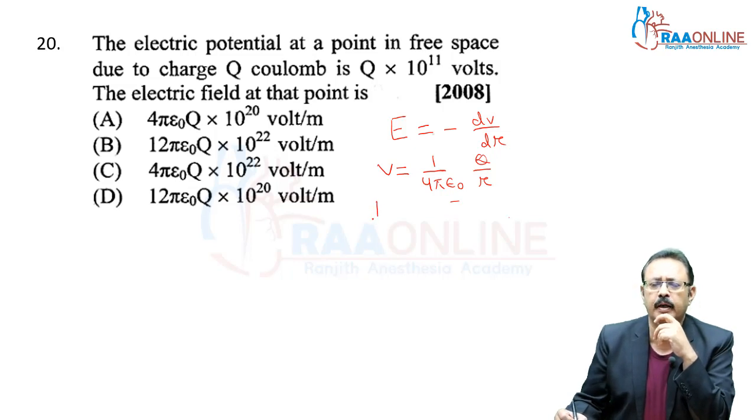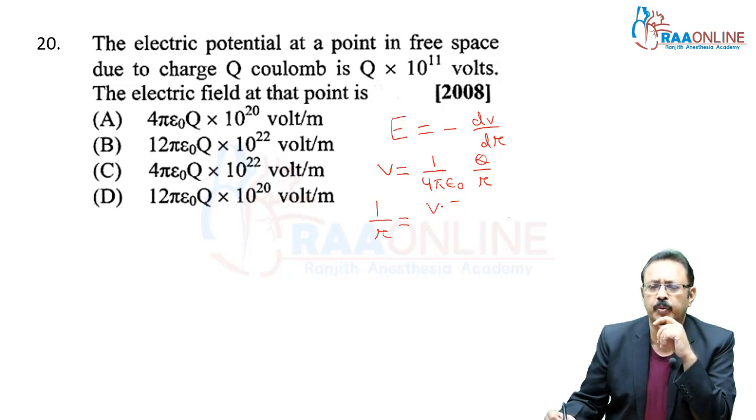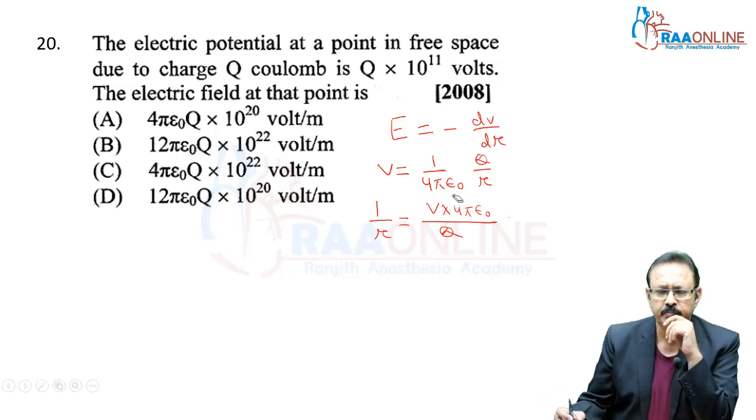So we are going to calculate directly 1 by R. What are we getting for 1 by R? It is V into 4 pi epsilon naught divided by Q.